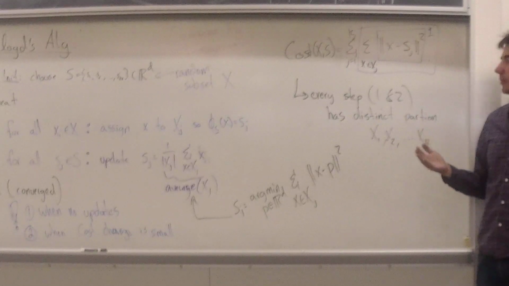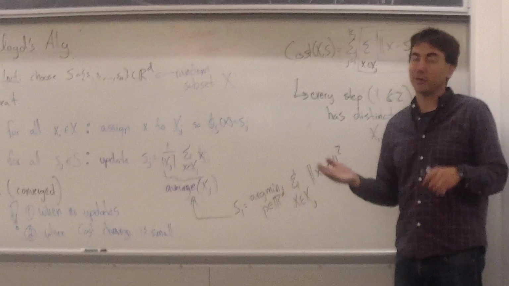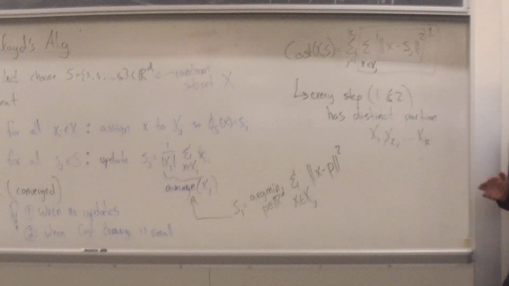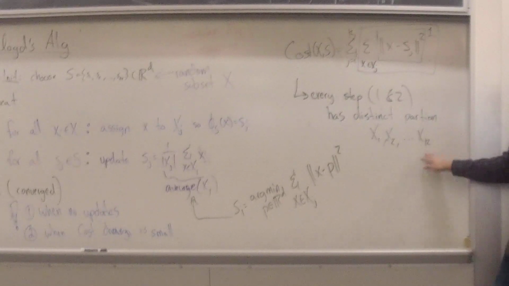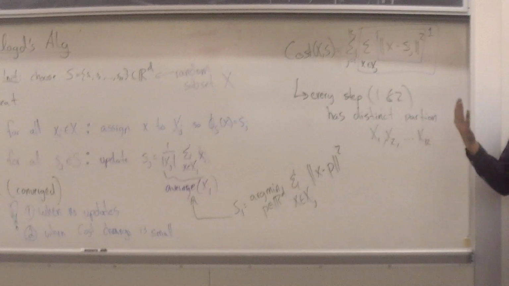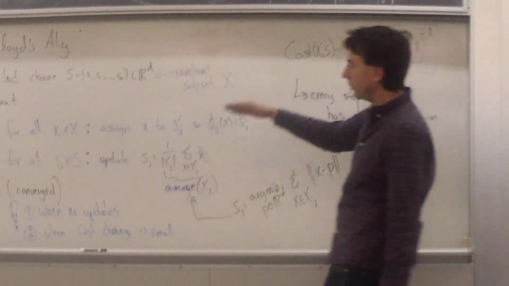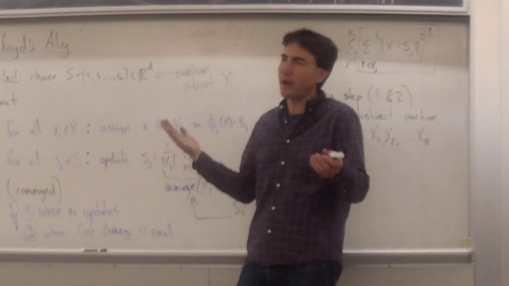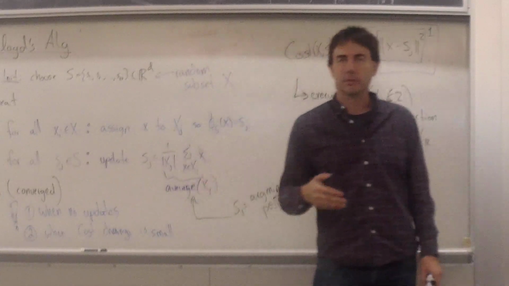So it has to, at some point, stop. There could be a lot of them, like k to the n different partitions I could have. I'm probably not going to see all of them, but it will converge eventually. And the cost function will always decrease, so if the cost change is getting pretty small, it means I'm probably close to being done.